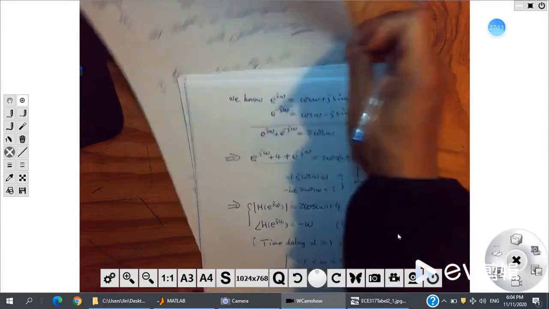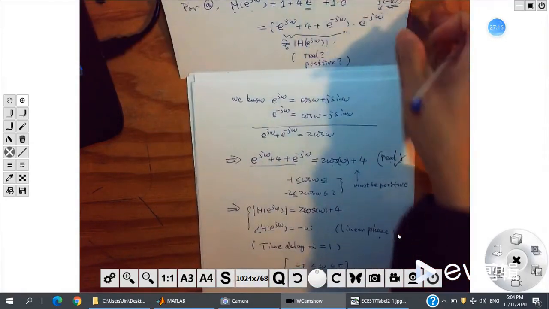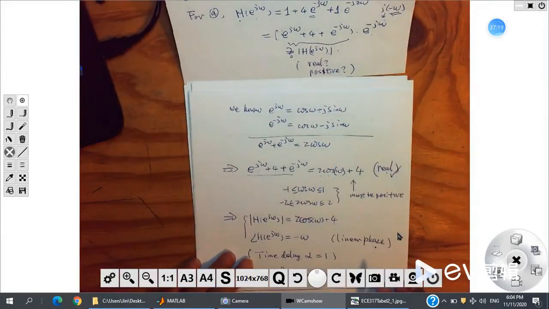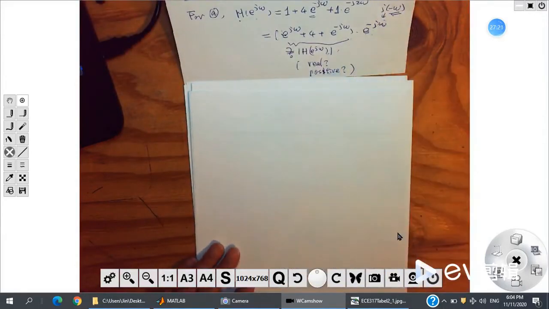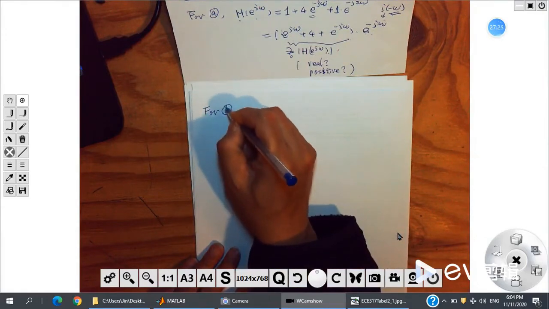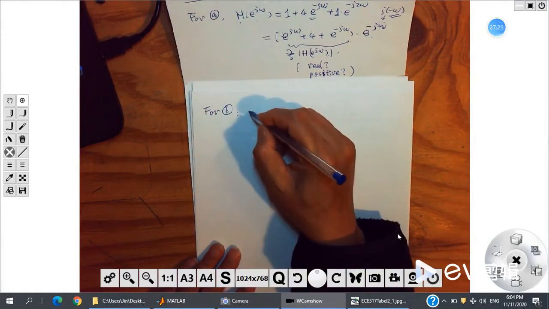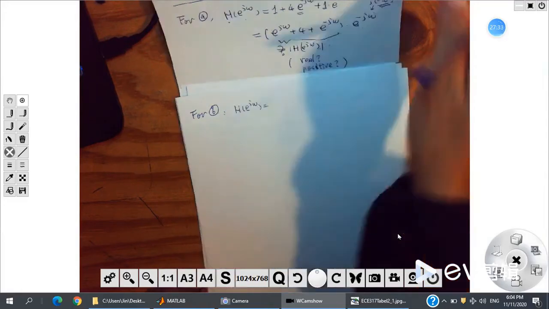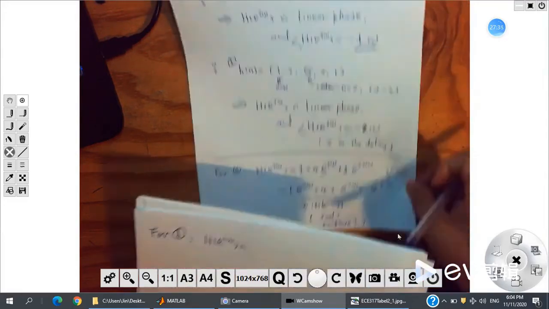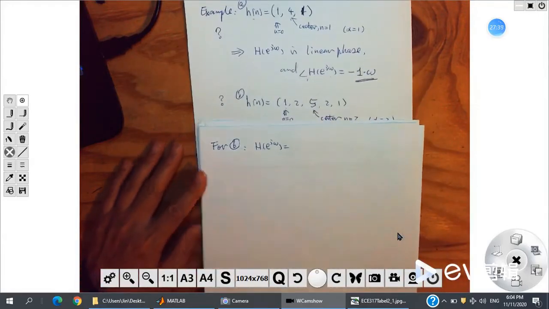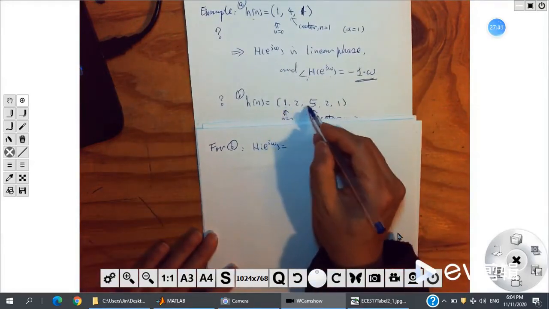And the second example, I have two here, for B. H of e to the j omega equals, now what is h? H is 1, 2, 5, 2, 1.